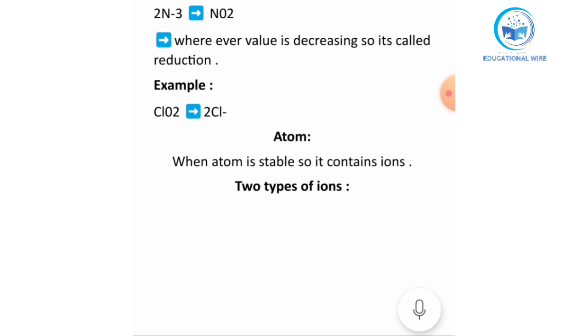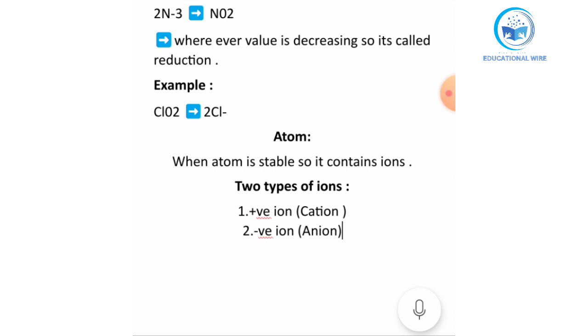What are those two types? Number one is called a positive ion, and number two is called a negative ion. The positive ion is also known as a cation, and the negative is called an anion. This is the cation and anion position.